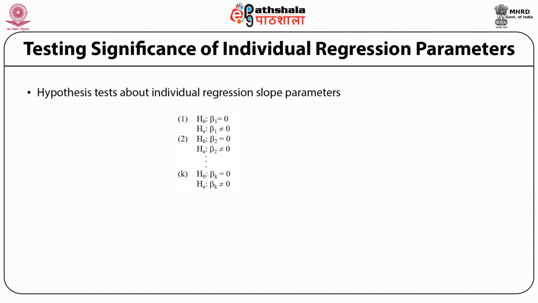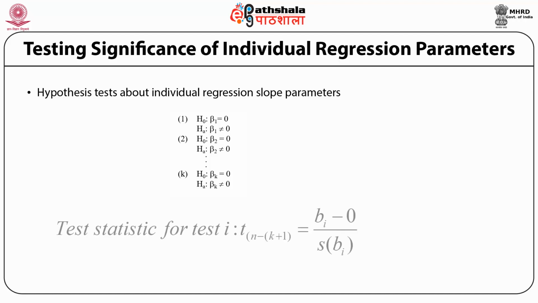Testing the significance of the individual regression parameters. We have different independent variables, and we have the values of beta 1, beta 2, beta 3. Every value signifies a relationship between the dependent variable and the independent variable.